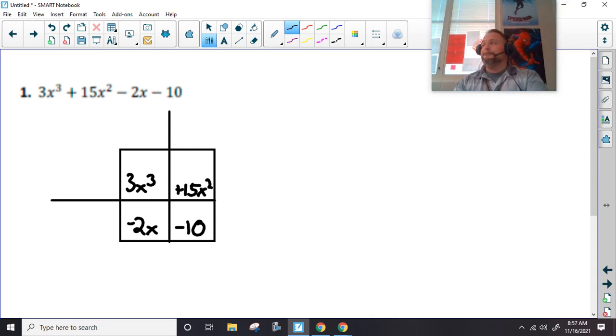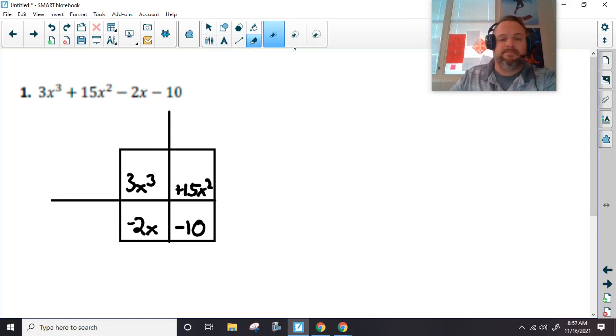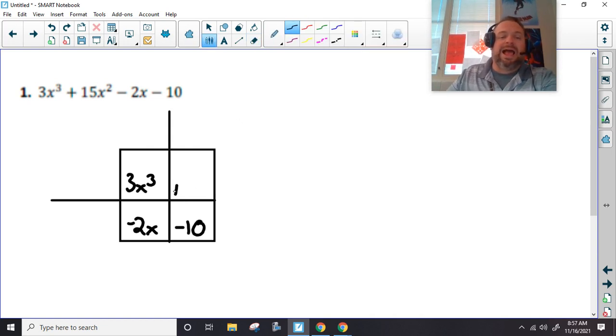It does say plus 15. You'll see in a second why. All right. So if I'm looking at this row right here, what's the biggest thing I can take out of 3 and 15? 3.